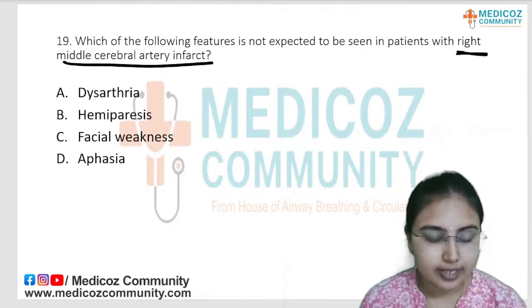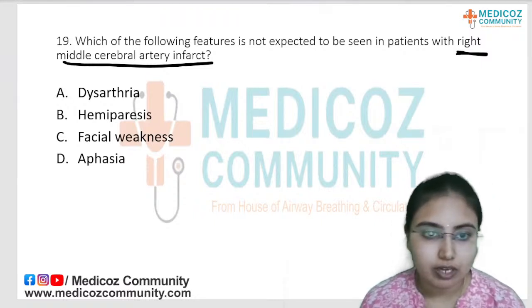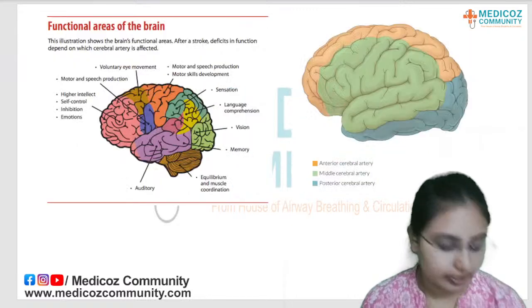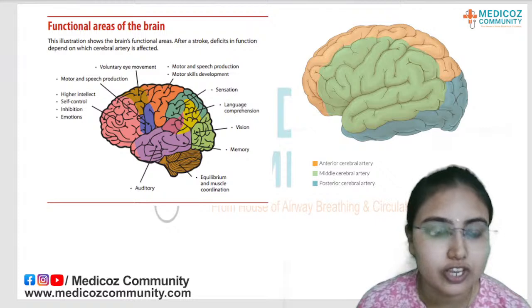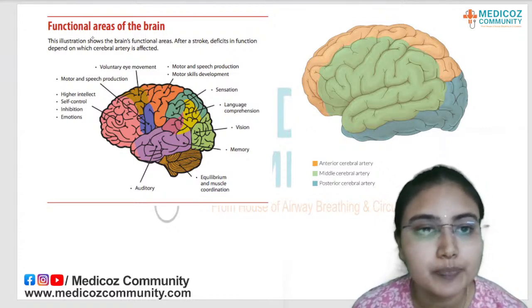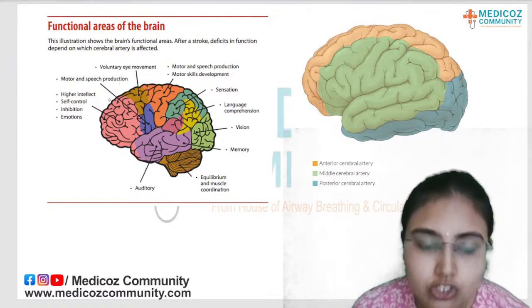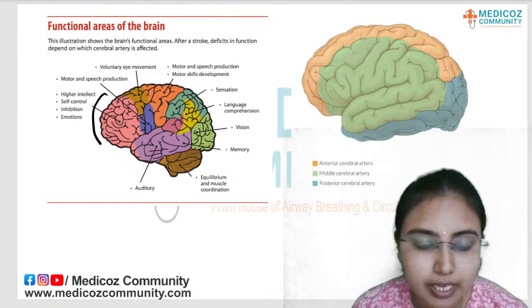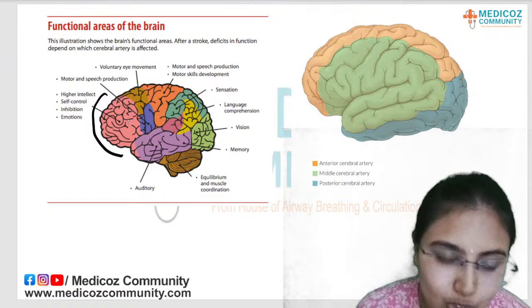Okay. Chalo. We'll try to decipher this code. We'll try to understand what is the difference between a left MCA infarct and a right MCA infarct and what to expect. Yes, Ajay has answered it to be D. Very good, Ajay. So let's see what are the functional areas of the brain. I don't want to complicate much. Just remember the frontal makes you a good, sincere and intelligent student.